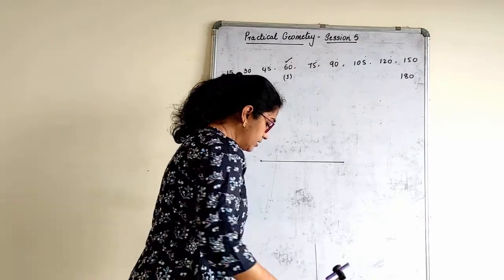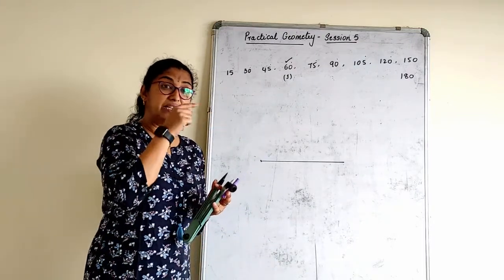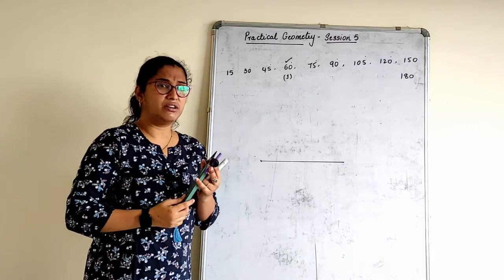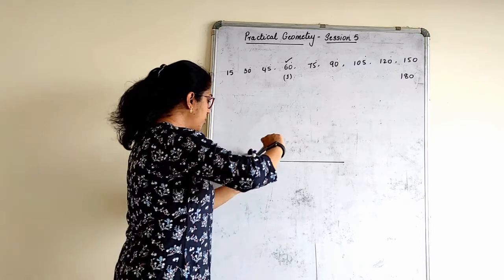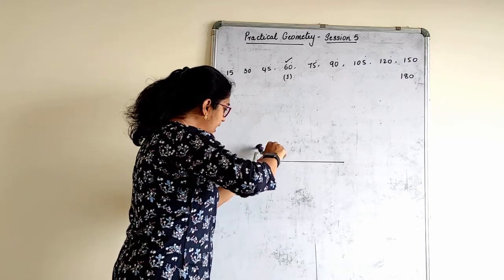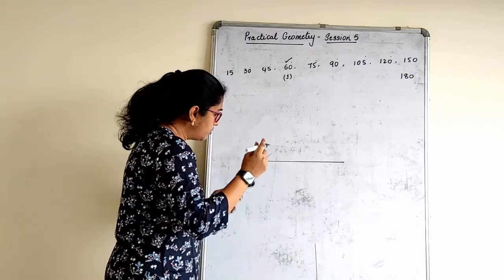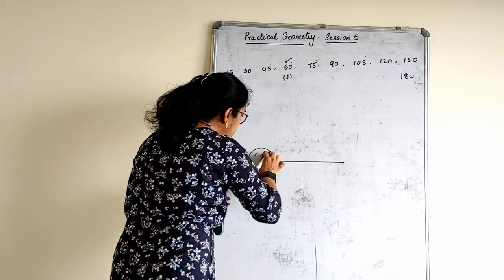Keep your compass at the appropriate radius. Since it is the angle construction in the quadrilateral, try to choose as small a radius as possible. When we keep it here, draw an arc. If I keep it like this and draw an arc, the arc comes like this.